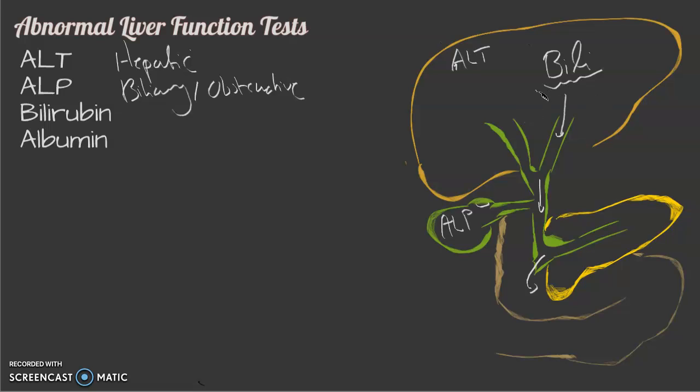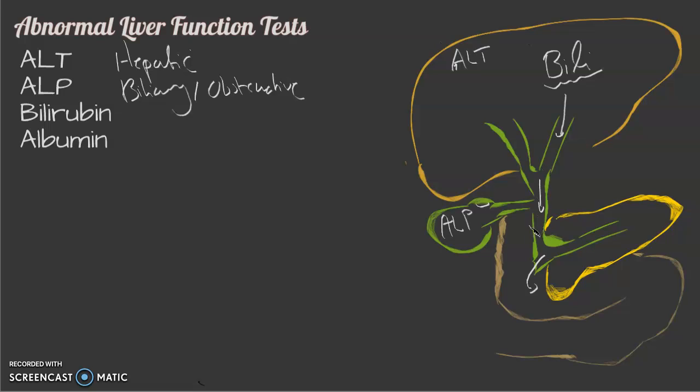There are different causes of raised bilirubin. You can get a pre-hepatic cause, for example if there's hemolytic anemia, so there's an increased production of bilirubin. There are hepatic causes, so issues within the liver, and then there are post-hepatic causes, once it's pushed out from the liver.